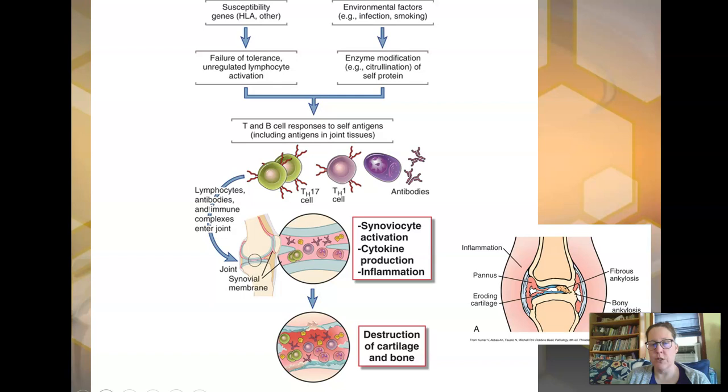And then you get B and T cell responses to self-antigens, including the antigens in joint tissues. These are all your autoreactive cells. And then they start destroying your synovial linings. You have cytokines, you have inflammation, and then you have destruction of the lining and destruction of the cartilage and bone.